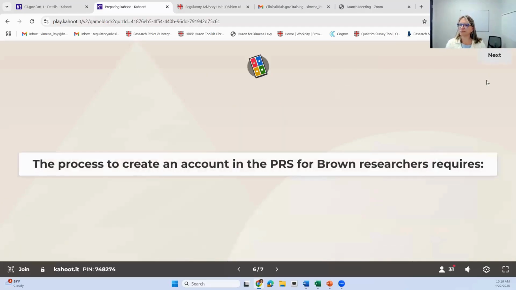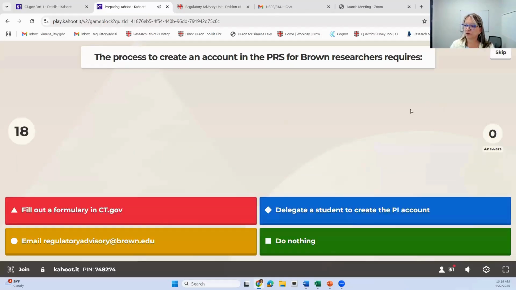Okay, let's see. The process to create an account in the PRS system for Brown researchers requires: fill out a formulary in CT.gov, delegate a student to create the PI account, email regulatory advisory at brown.edu, or do not. Six seconds, 5, 4, 3, 2, 1.